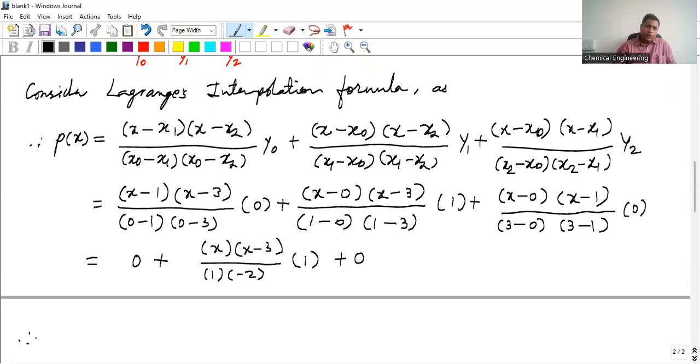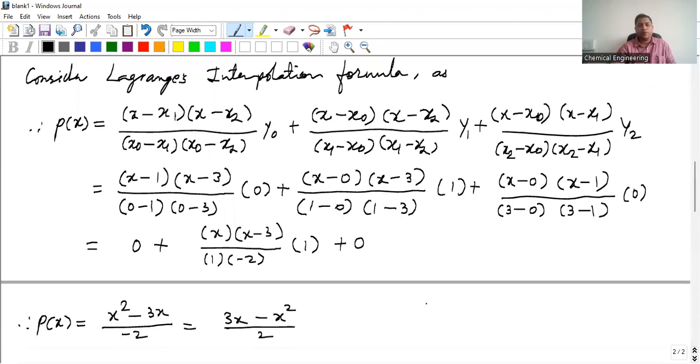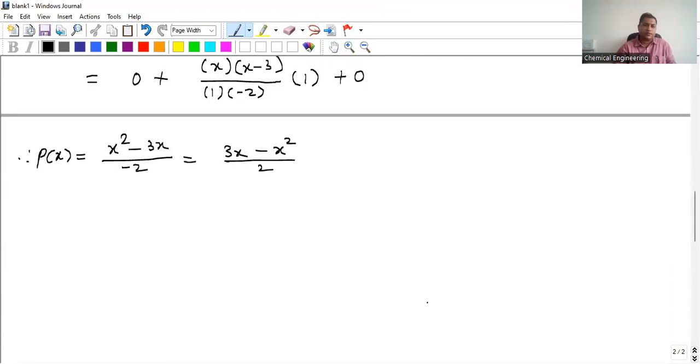So we got the polynomial in x as x square minus 3x, and this is going to be minus 2. So can I write this as 3x minus x square by 2? Are you getting this? Okay. So this is the required Lagrange's interpolating polynomial.